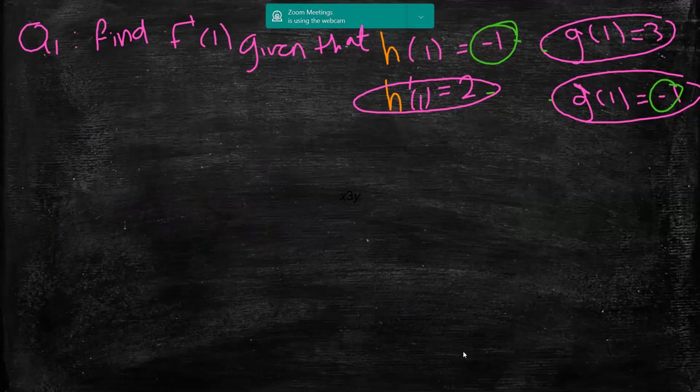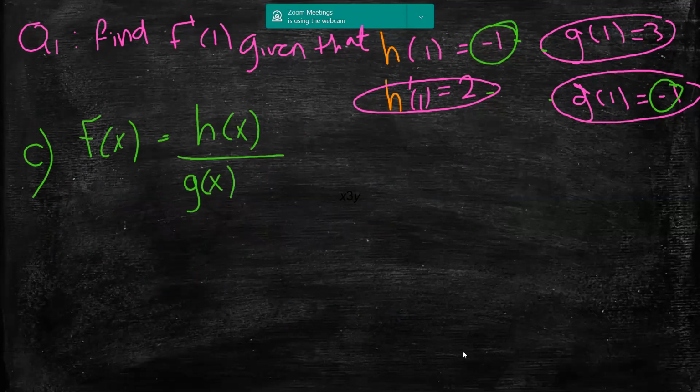Now, see, f of x is h of x over g of x. Here, as you see, we have two functions that are divided.